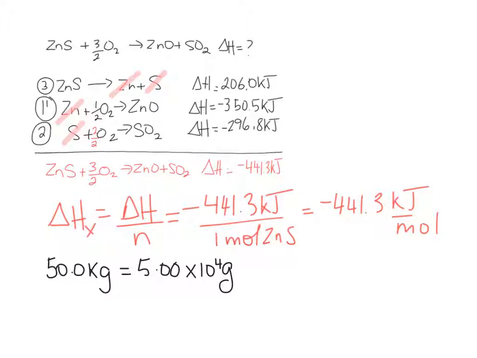Is delta Hx the negative 441.3, or is that delta H? It's delta Hx, because we took our delta H from our reaction and we divided it by 1 mole of zinc sulfide. So that is our delta Hx, yep. You have to show that step before the next one.